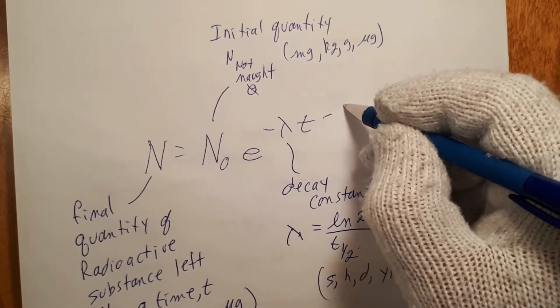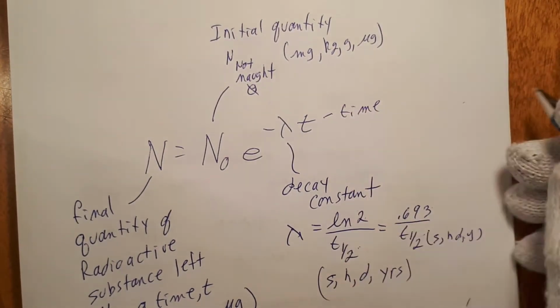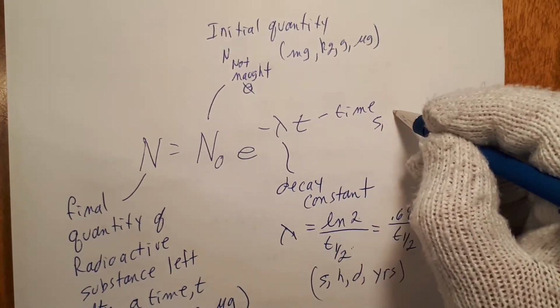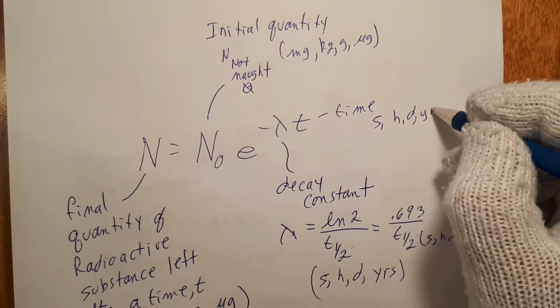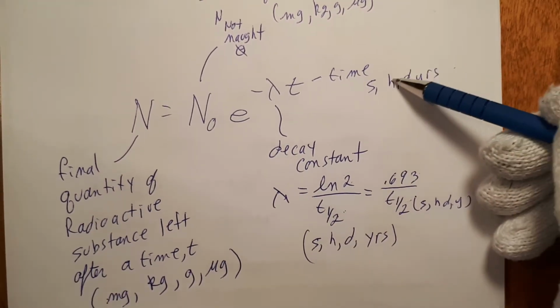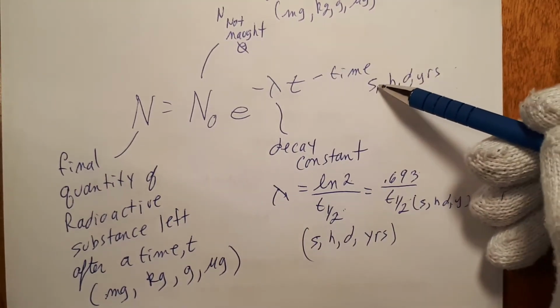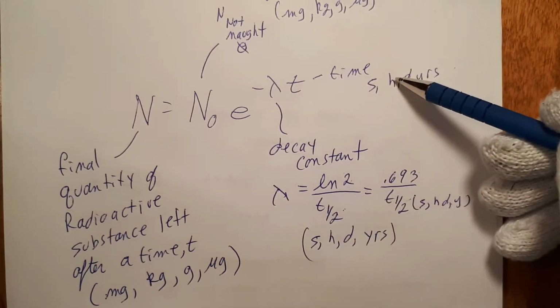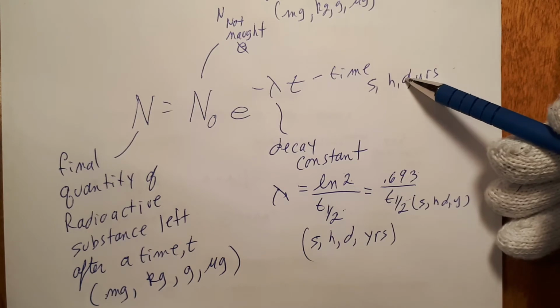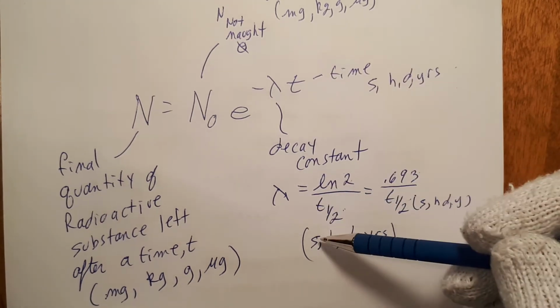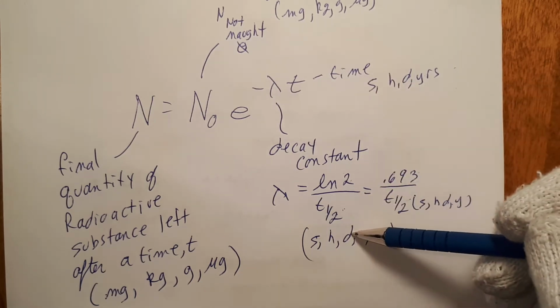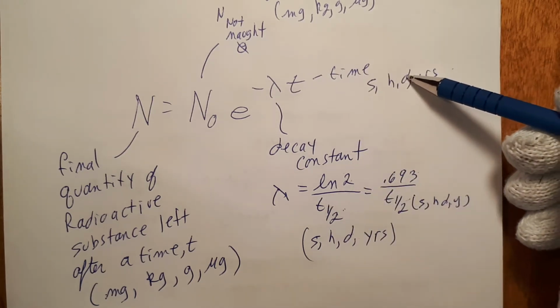And lastly, we have time. Little t stands for time, and time is going to be in seconds or hours or days or years. Whatever value of time we're using here needs to be used here as well in order for the two to cancel out. So if we use seconds for lambda, then seconds must be used for the time here. If we're using days for lambda, then this one must also be in days.